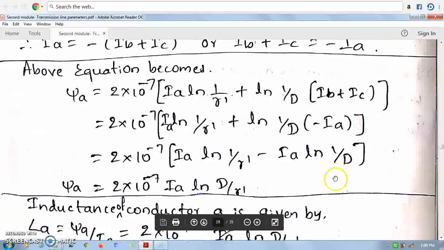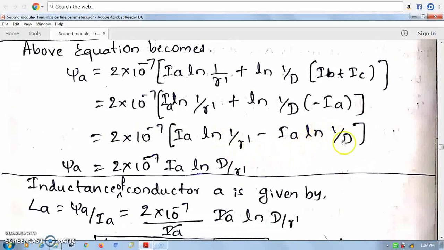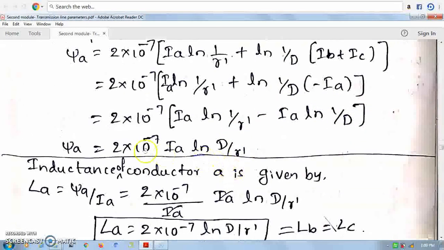Taking ln of 1 by D common and substituting this in the previous equation, ln of 1 by R dash divided by 1 by D gives D divided by R dash. So the flux at the conductor A is equal to 2 into 10 to the power minus 7 IA ln of D divided by R dash.